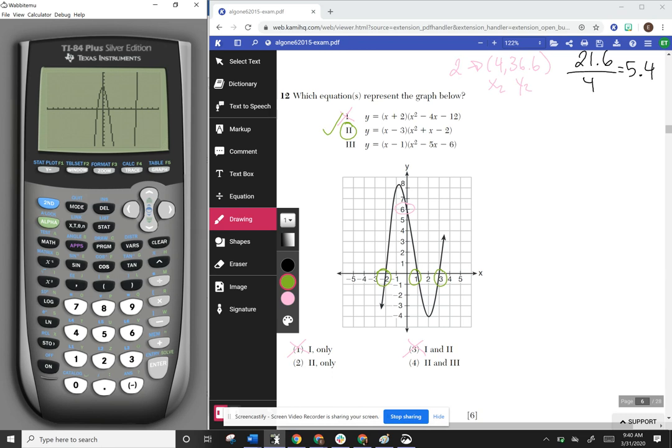Our zeros are at -1, +1, and that looks like 6. So that is not the zeros that we have, so it cannot be 3, which means it cannot be 4, which means our answer choice is 2. Okay, questions 13 through 24 will be in the next video. Hope this was helpful.